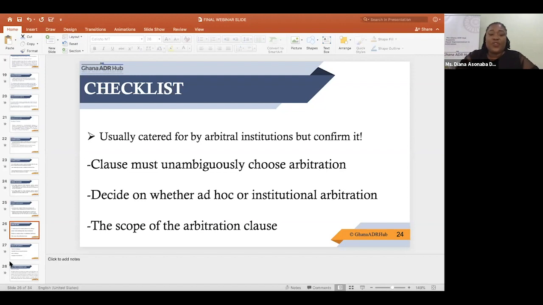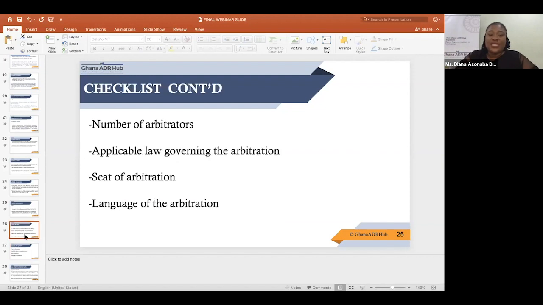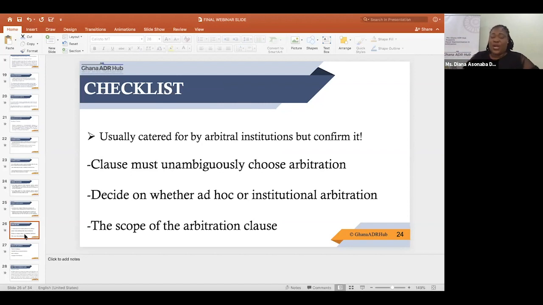The scope of the arbitration clause. Is it your desire that the arbitration clause will cover all disputes arising out of the agreement, or you want to limit the arbitration clause to a specific part of the contract agreement? If your intention is the former, then you have to make it clear, because the jurisdiction of the sole arbitrator or the arbitral tribunal is dependent on the scope of the arbitration clause.